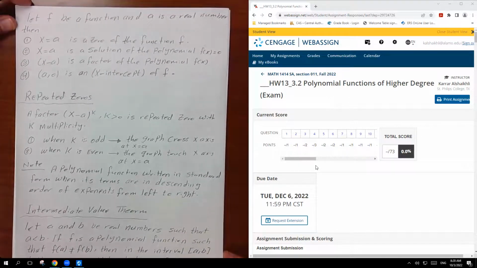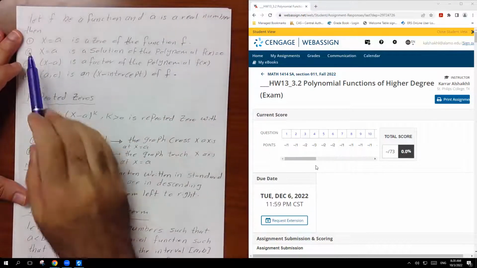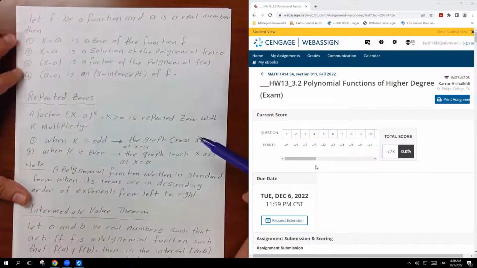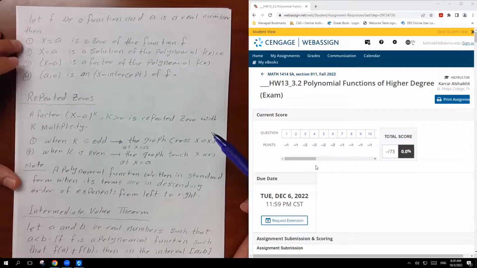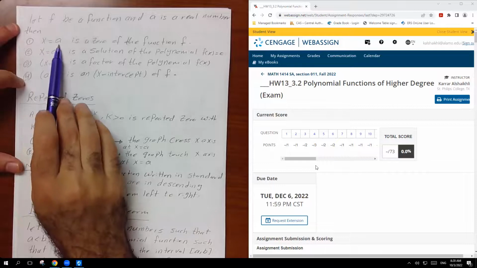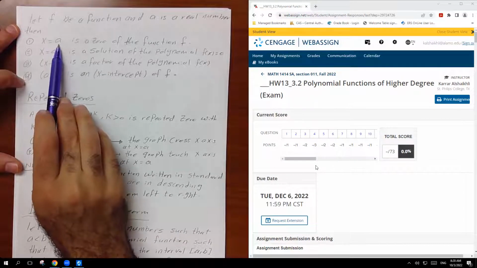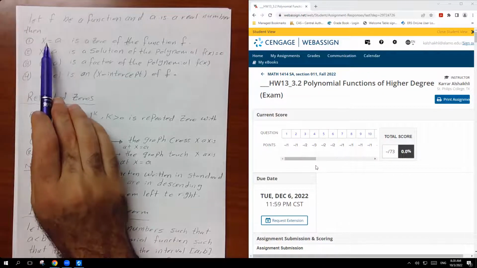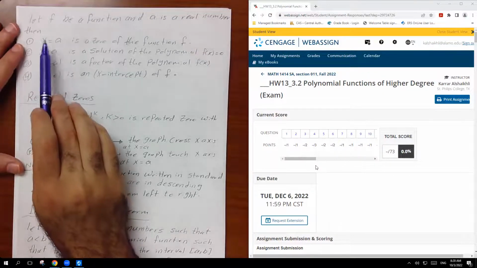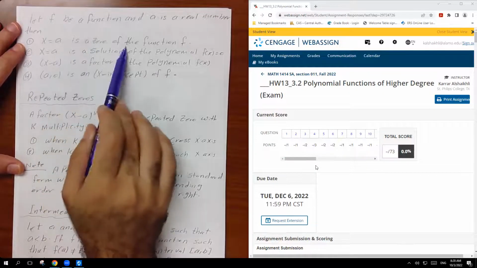Now let f be a function and a be a real number. Then these are the important stuff, 1 to 4. First of all, a equals 0. Again, it's a solution, because when you say x equals 5 or x equals 6, that's going to be the solution. But now we're going to say x equals a is a 0 of the function.